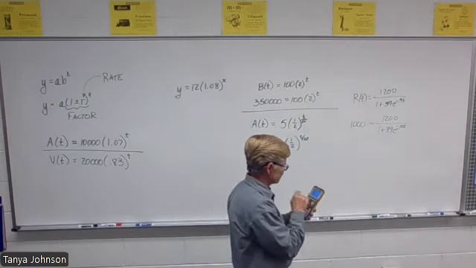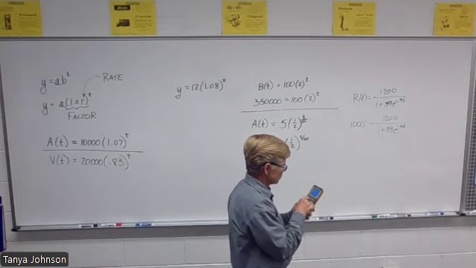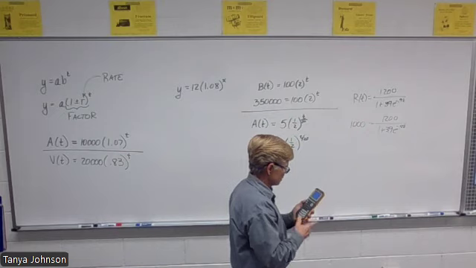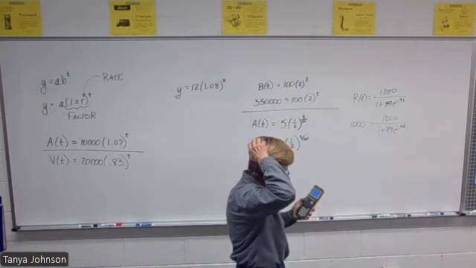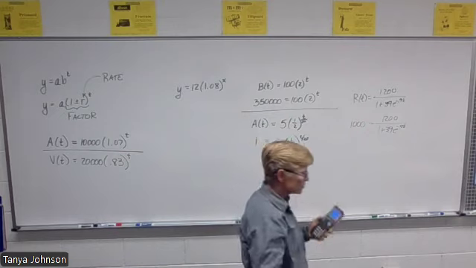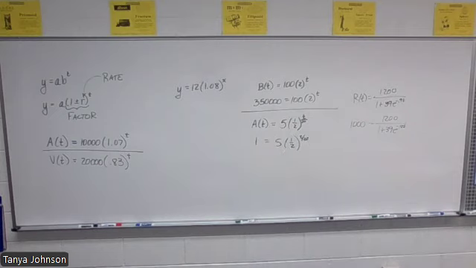I stretched mine out to 10 days. And you can see the whole logistic curve if you do that. Or you may need to expand it, whatever. So how many days does it take for 1,000 people to have heard it? 5.86. Okay. So toward the end of day 6.